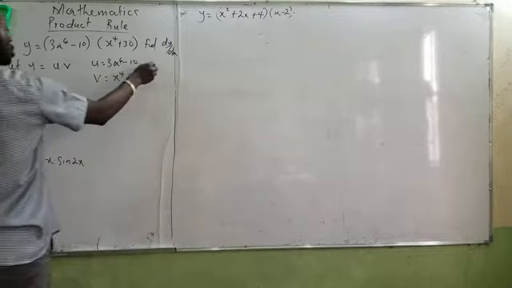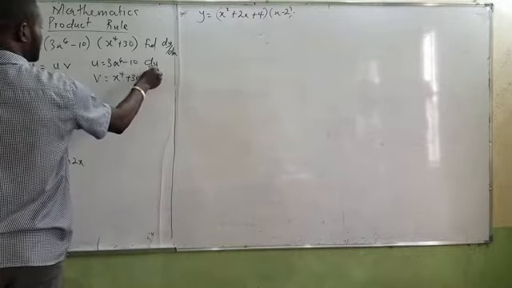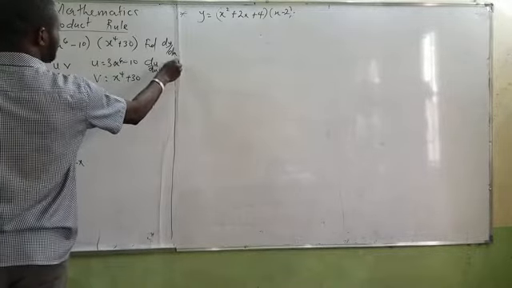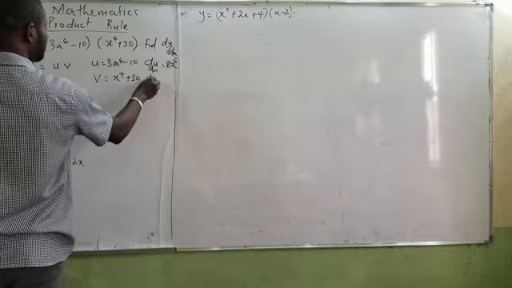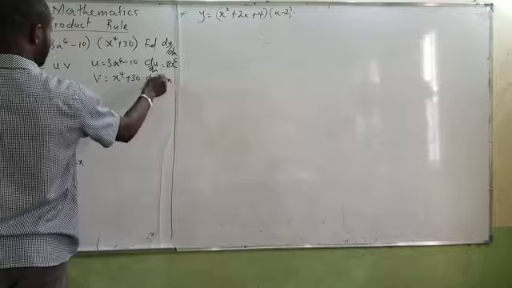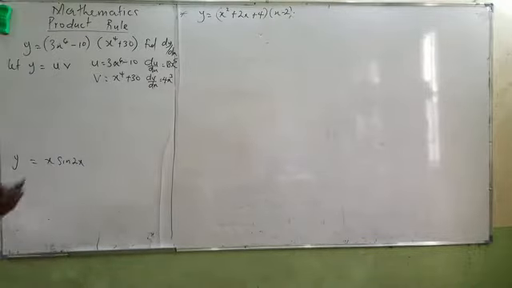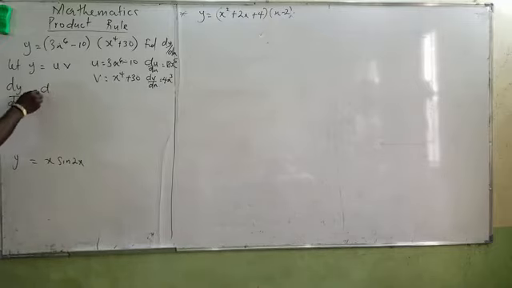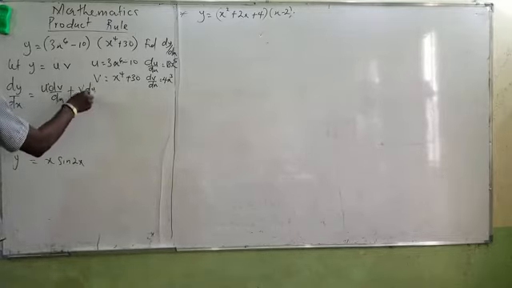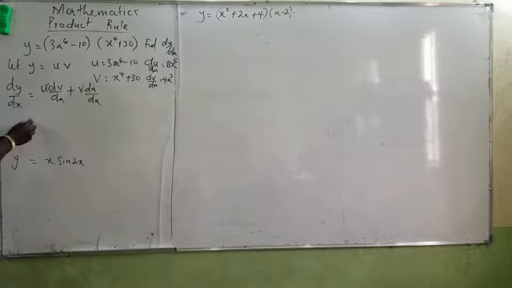Now, du/dx will be equal to 18x raised to power 5, and dv/dx will be equal to 4x raised to power 3. I've done that earlier. And my dy/dx will be equal to u dv/dx plus v du/dx.